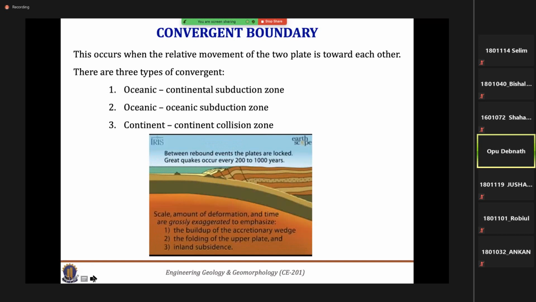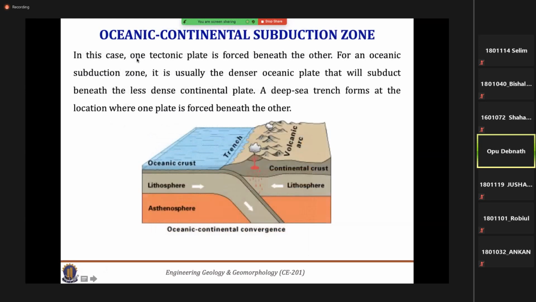The question may arise: why is it always the oceanic plate that moves beneath? Why is the continental plate not going beneath the oceanic plate? So we will discuss it one by one.